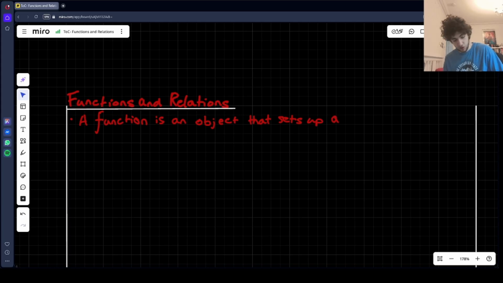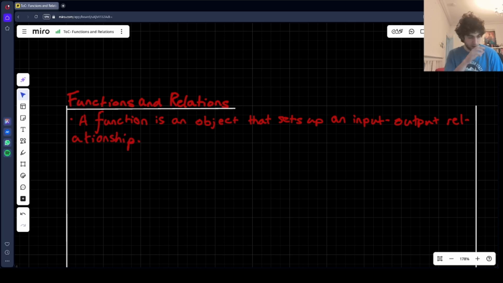an input-output relationship, okay? And obviously, I'll explain a little bit what I mean by that. It's not the cleanest definition, but if you know what a function is, that should make sense to you. If you don't, then I'll explain what I mean by that, right? So really what I mean here, first of all, it's an object, okay? So that's just asserting that it's an object.